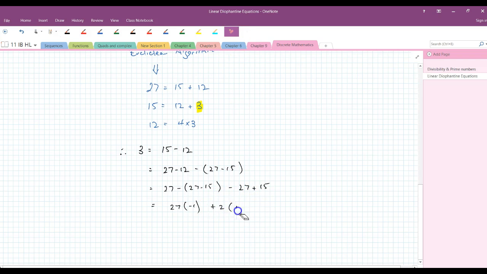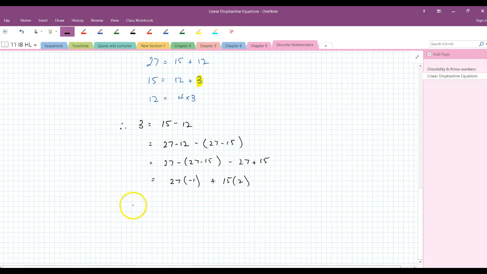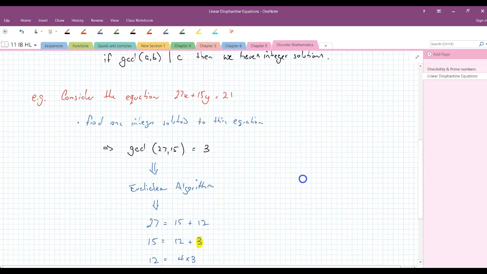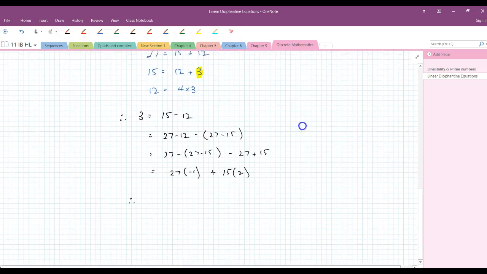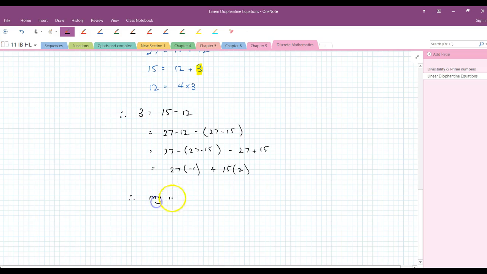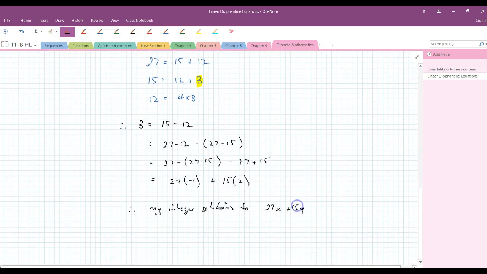I think I just read that the wrong way around. So it's 15 by 2, and if you look at it, that's minus 27 and 30. That's my 3. That's all good. So from this, I can determine that 27 times minus 1 plus 15 times 2 is equal to 3. So my integer solution to 27x plus 15y equals 3 is x equals minus 1 and y equals 2.